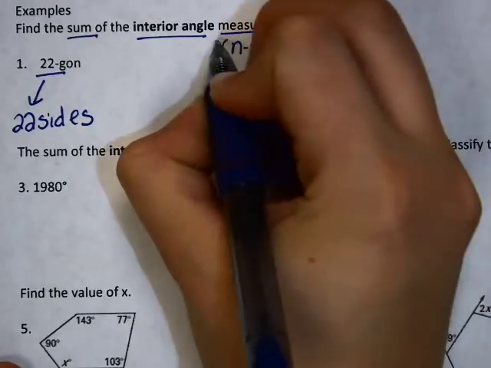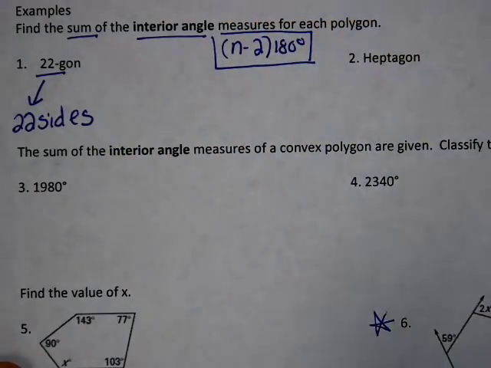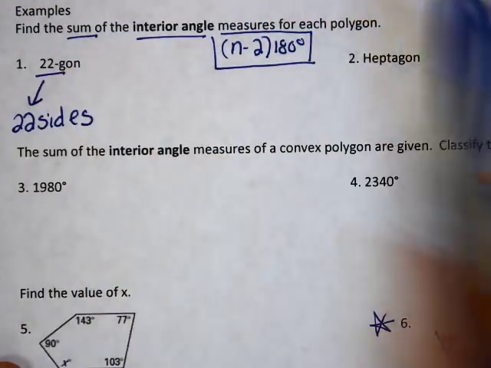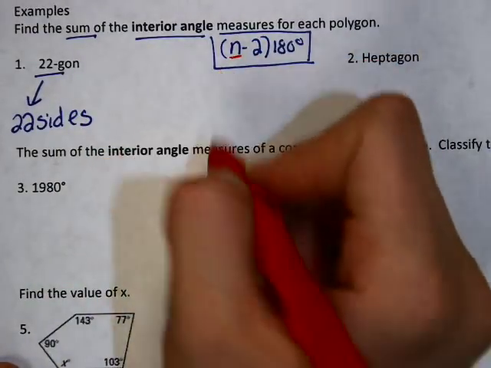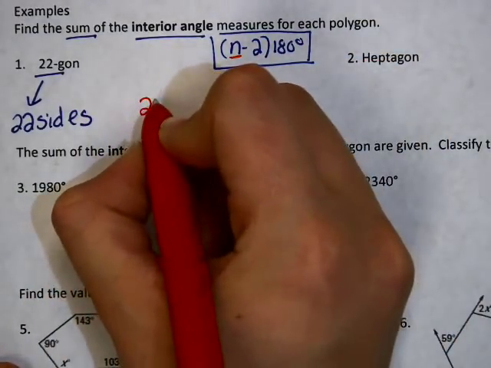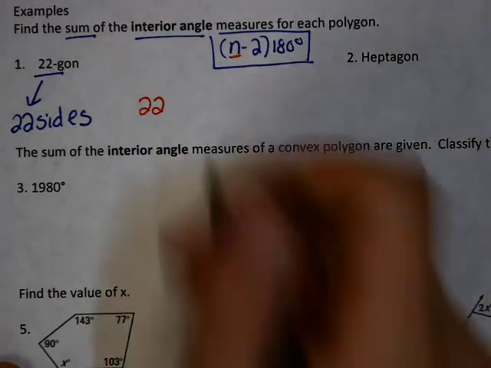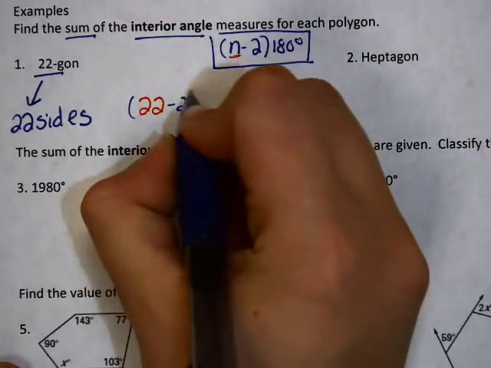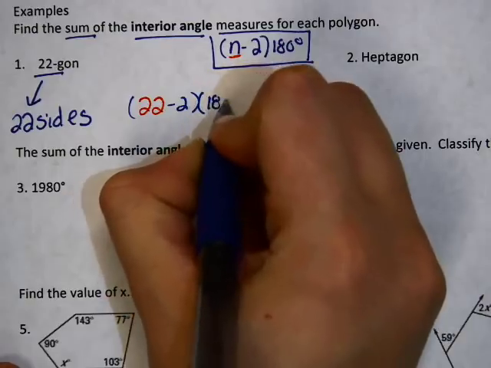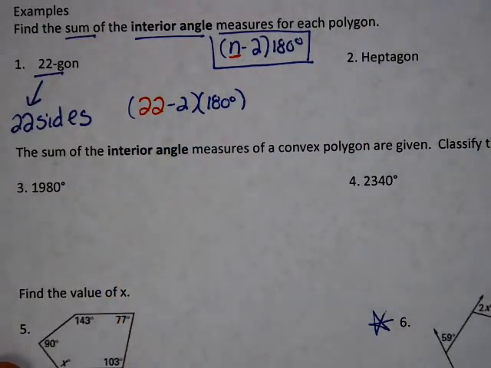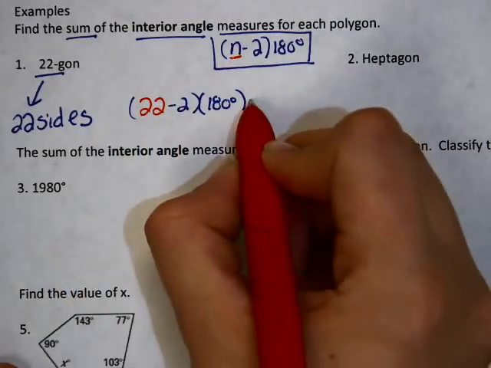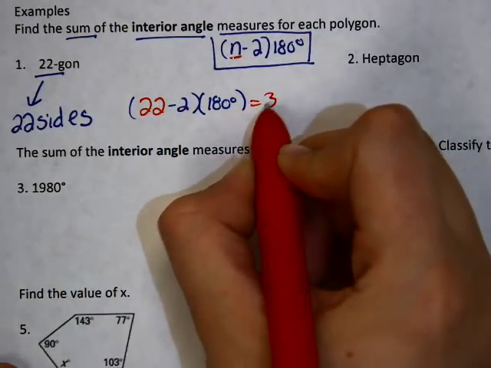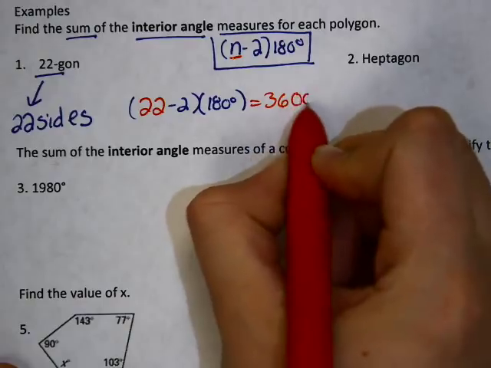Let's box this, so this is our formula. 22 is substituted in for n, because n is our number of sides, so I take 22 minus 2 times 180, which would be 3,600 degrees.